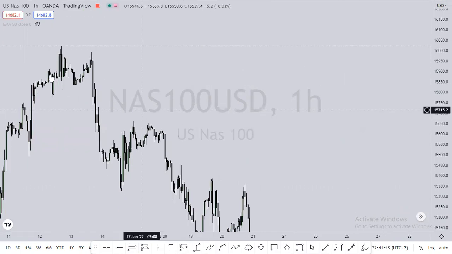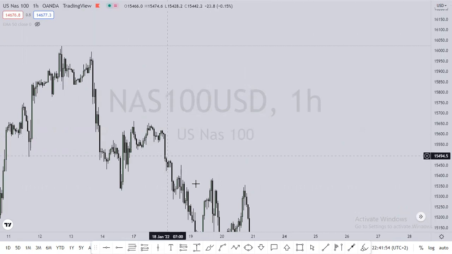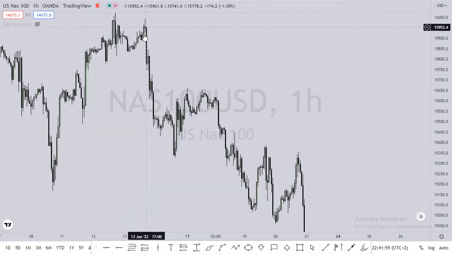From 12 Jan up until like 18th or 19th, I would have been smiling because I would have just been selling Nasdaq and hitting TP. Beautiful TPs too.